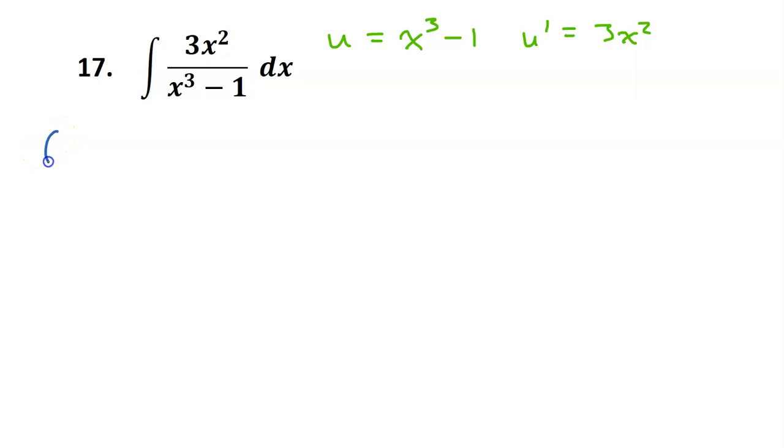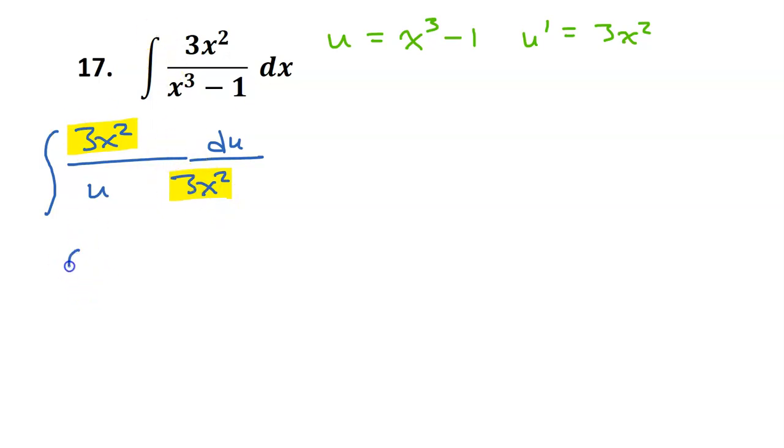Let's do that substitution. So we get 3x squared over u. And instead of dx, we write du over u prime, which is 3x squared. And right away we see that we have 3x squared in the numerator and the denominator, so these just cancel each other out.